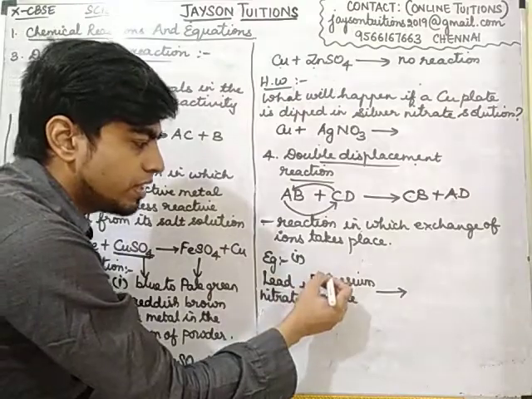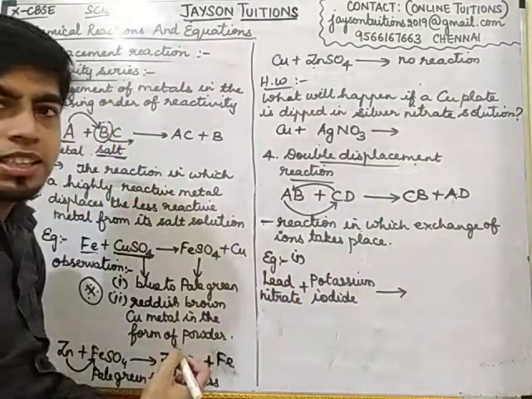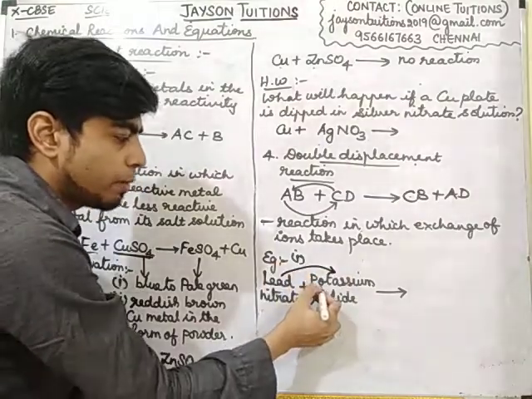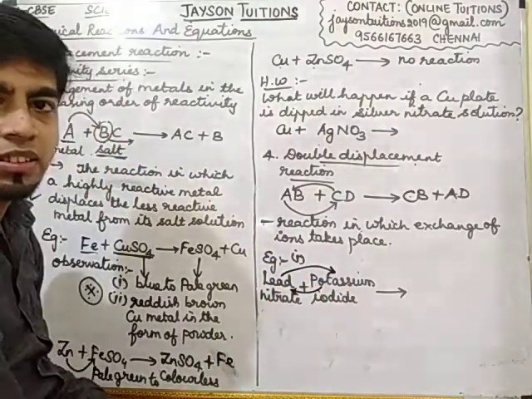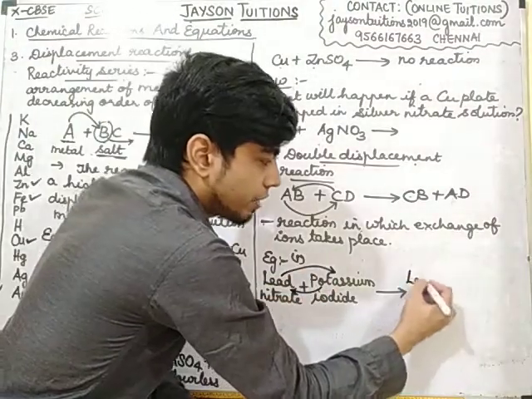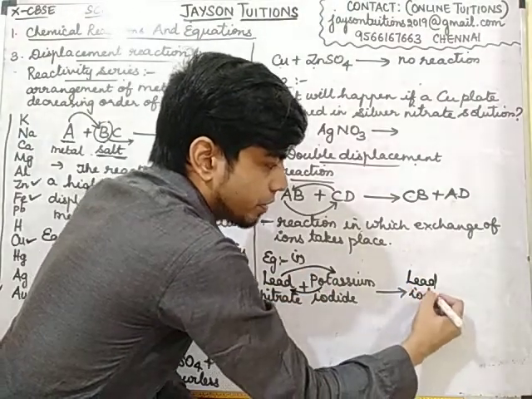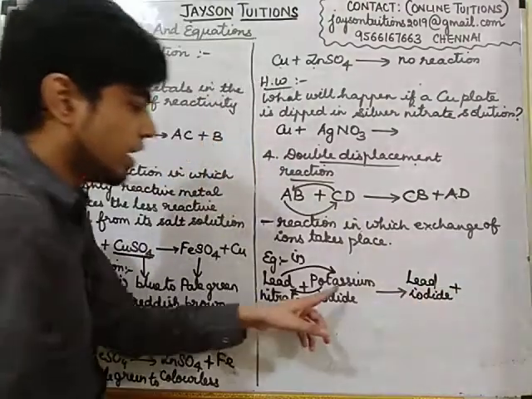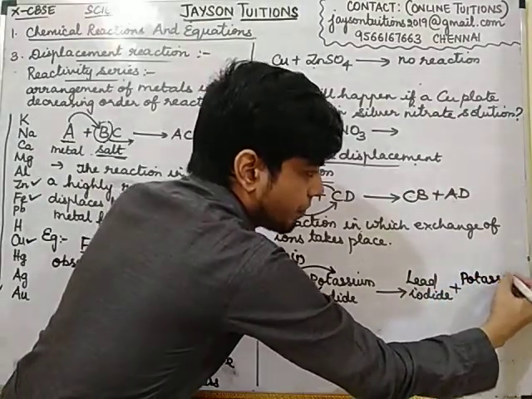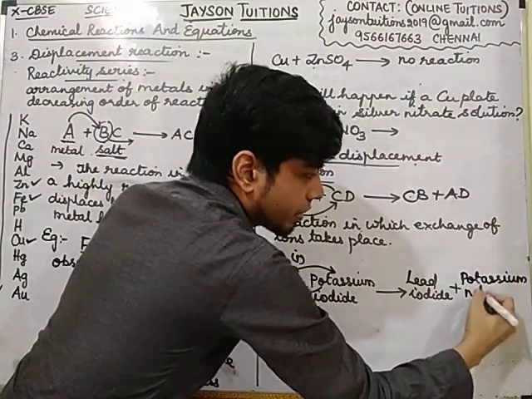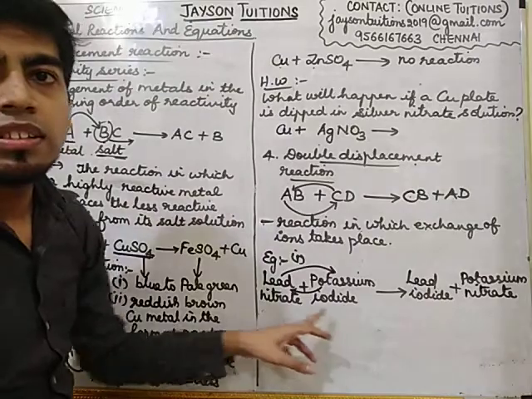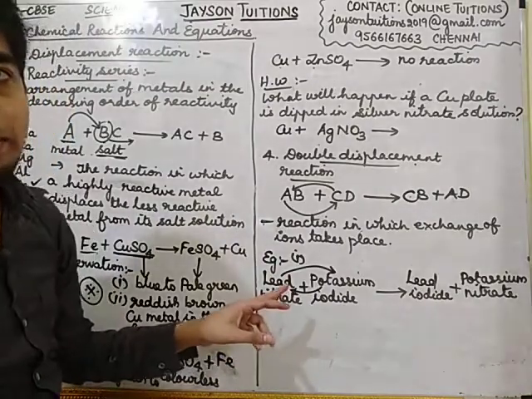So on this side one displacement and on this side another displacement. If lead goes here, I will get lead iodide, plus if potassium comes here, I will get potassium nitrate. Understood? So this is an example for a double displacement reaction.